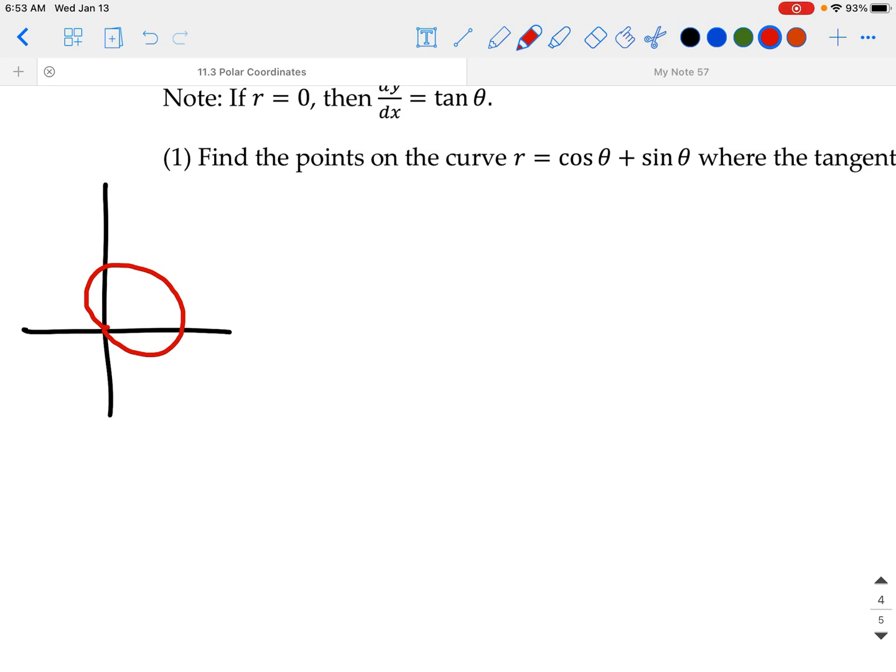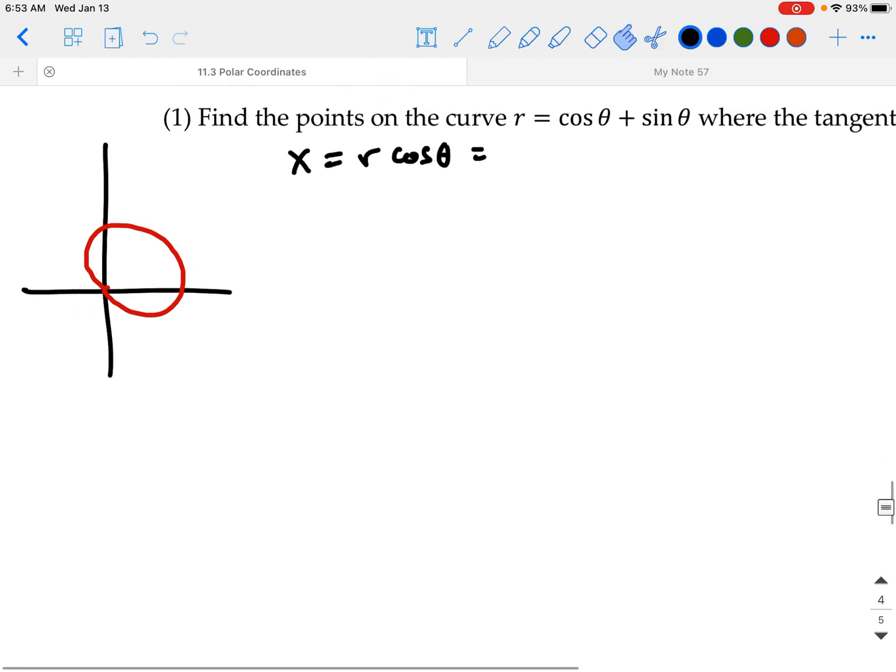And we could work out maybe where the coordinates are, etc., by eliminating the parameter and turning this into a rectangular equation. But what you'll notice is that that's going to be pretty messy. So we'll just go ahead and work from our definitions. So we have x is equal to r cosine theta, which for this example, I'll substitute in and we'll see what that looks like.